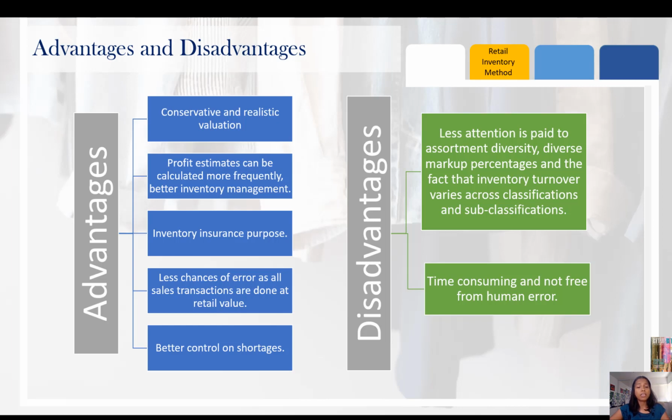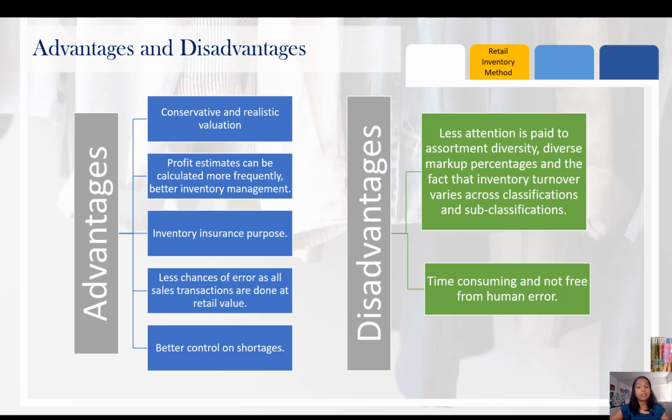Value of inventory can also be estimated using this method for insurance purposes. Taking inventory at retail means less chance of error as all sales transactions are done at retail value. This method helps in controlling stock shortages. Retailers can go out of business if stock shortages are too high, as they directly influence profits by lowering them.